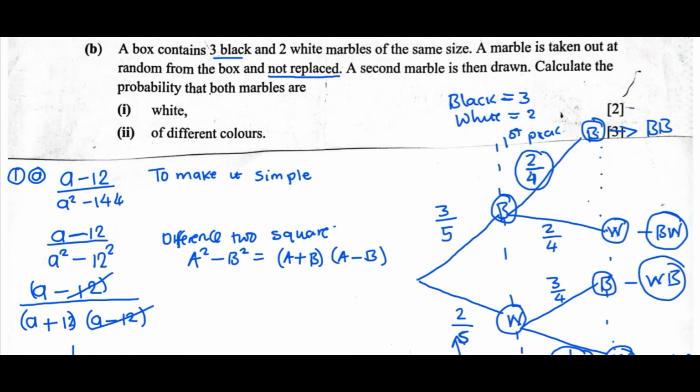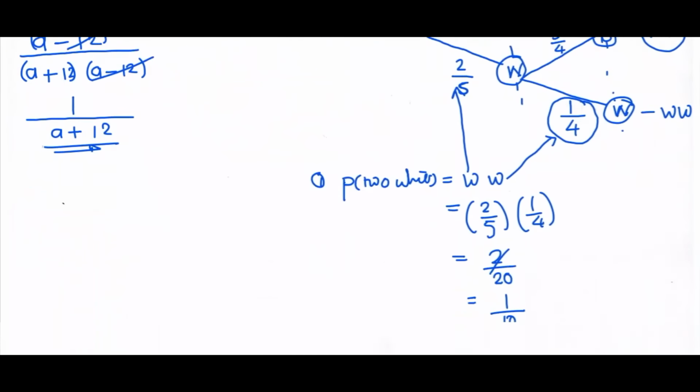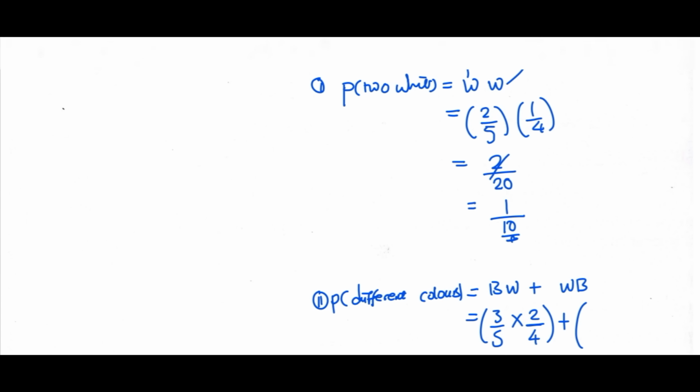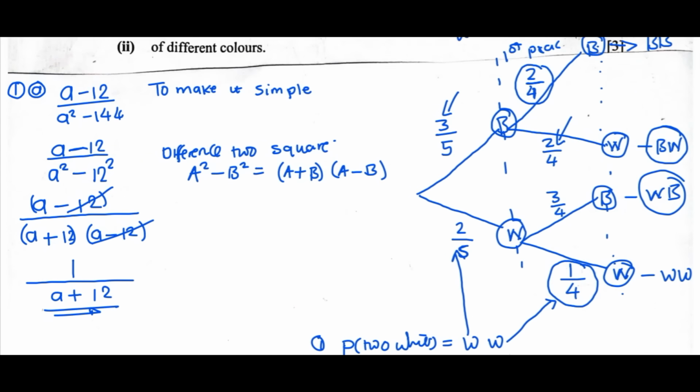Now let's look at the first, BW. The first letter indicates the original. So the original for B is this number, 3 over 5. Then W is this number. So we are going to multiply 3 over 5 times 2 over 4, plus, let's go back to WB.